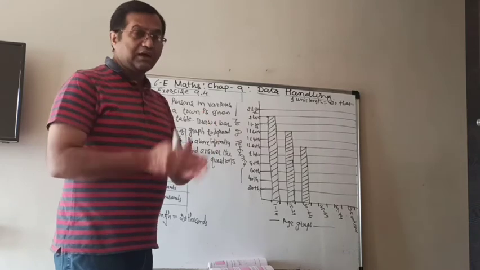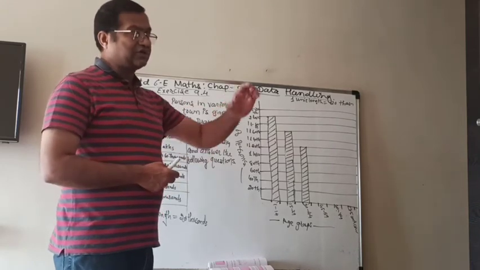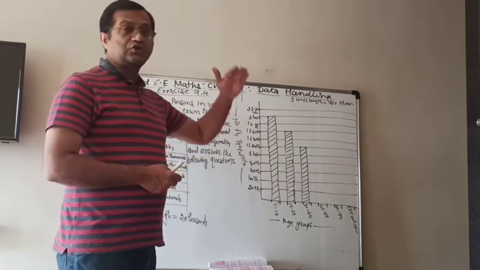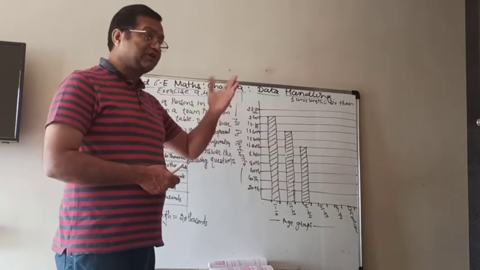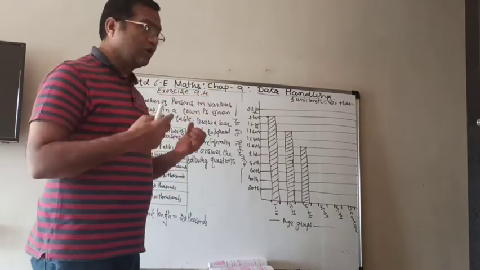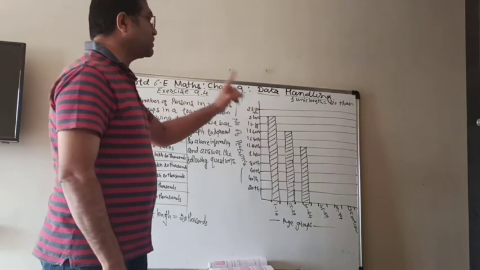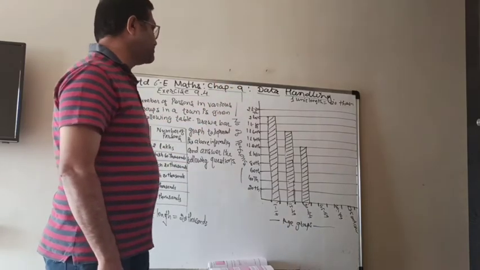So whenever you take the scale, don't make mistakes. Like if it is 5, 10, 15, 20 or 100, 200, 300, 400 or 50, 100, 150, 200, 250, 300, 350, 400, etc. So whatever is the scale, unit length, you have to be careful while putting those numbers here.